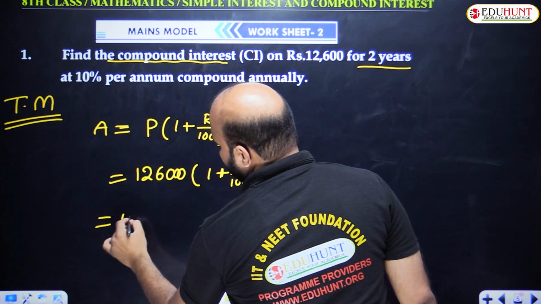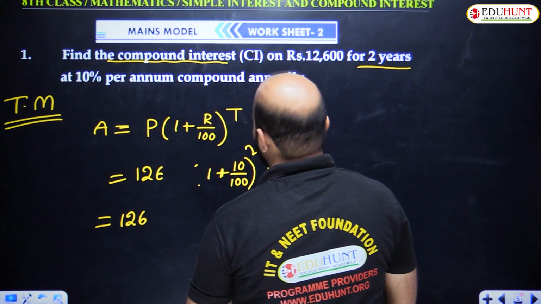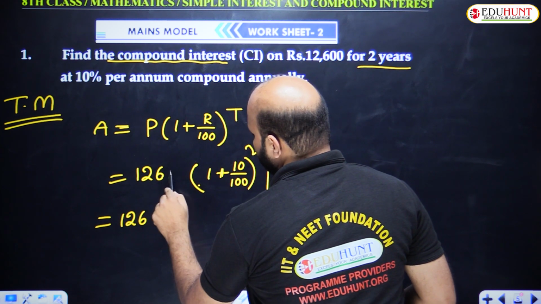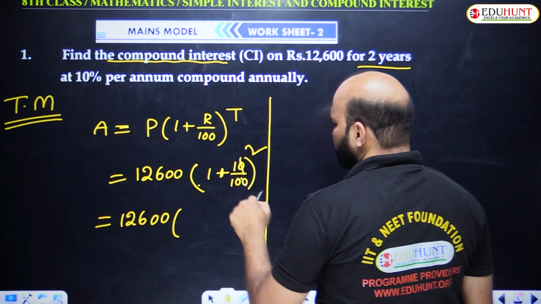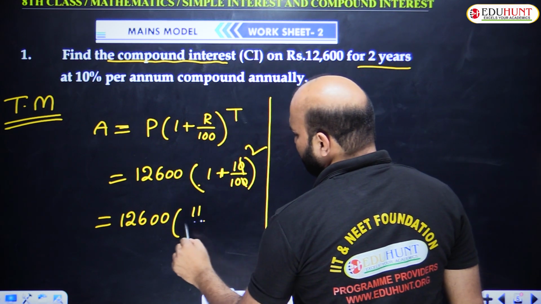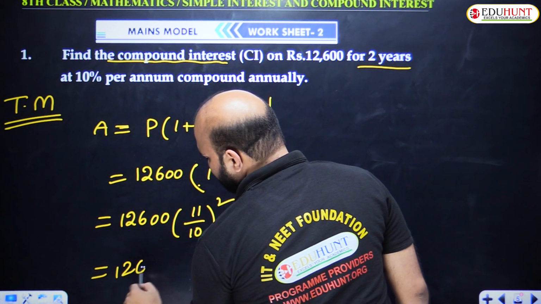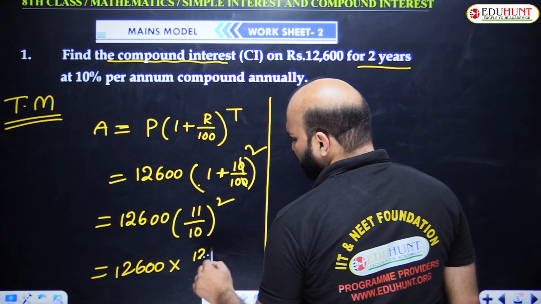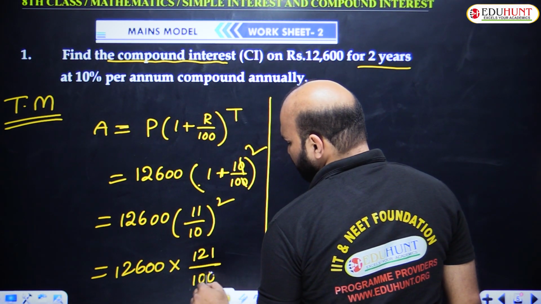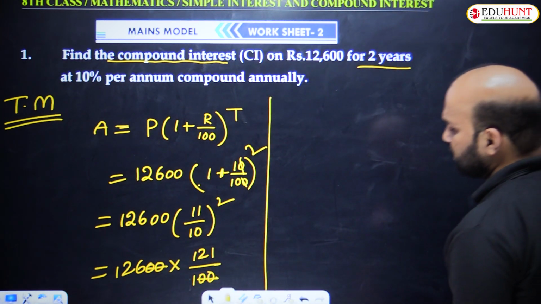So 12,600 into, 0 cancel, 1 plus 1 by 10 can be written as 11 by 10 whole square. So 12,600 into 11 square, 11 square is 121, 10 square is 100, 20 cancel. So 126 into 121.